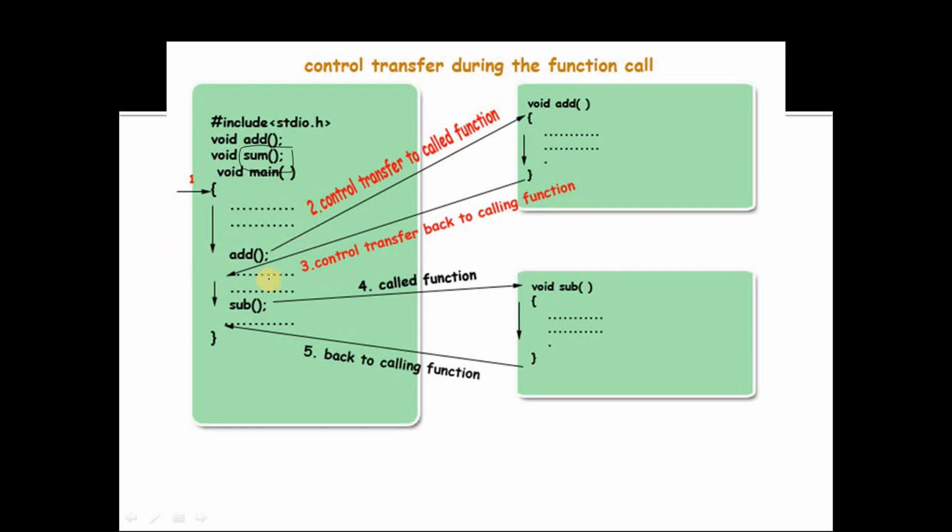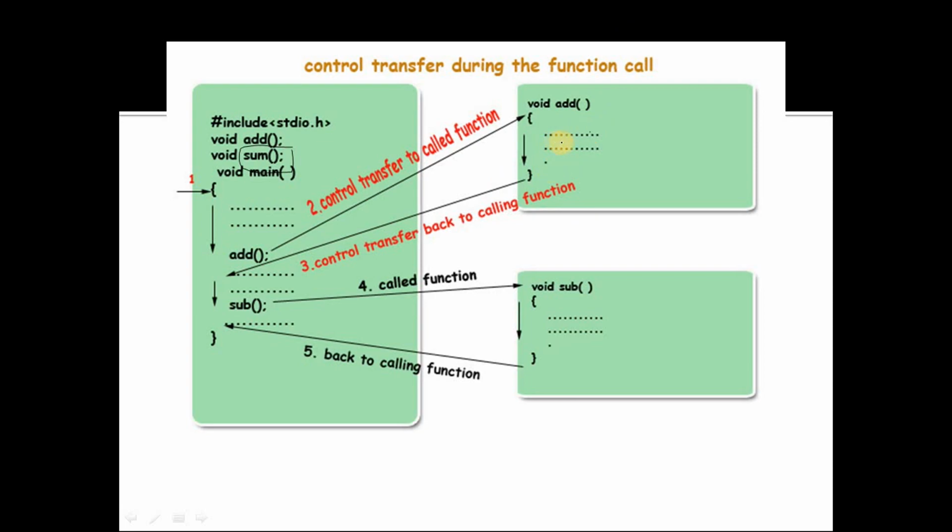The control will transfer back to the next line of this add function call, and then it will execute all the statements and continue till it encounters the sub function call, and then the control will transfer to the sub function, execute all the statements in the sub function, and then get back to the main function. So when you have multiple function calls in one single main program, the control transfer can be visualized just like this.